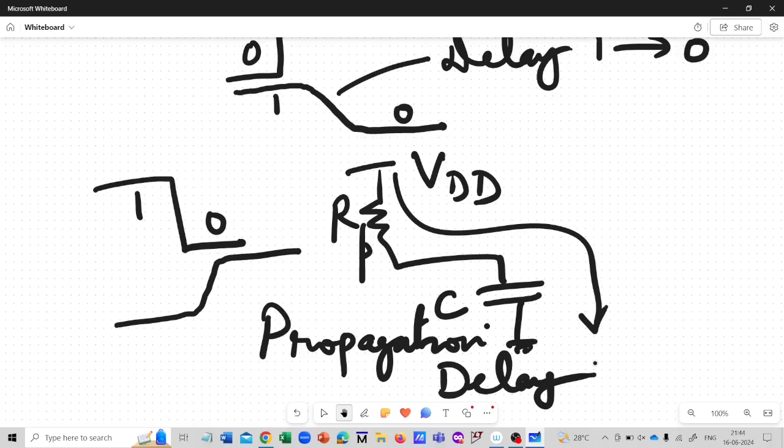So essentially the delay is due to the switching of the RC elements in the circuit. And these elements need not be from the capacitances and resistances seen in the MOS transistors. They can also be seen in the interconnects.